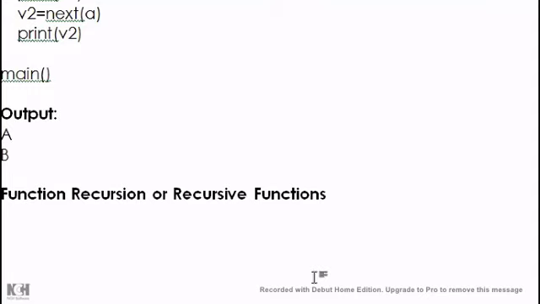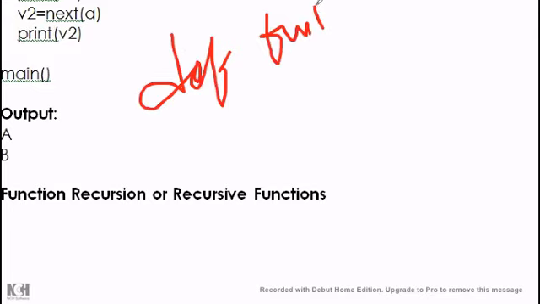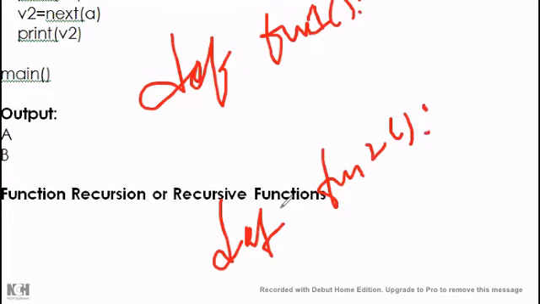Generally, one function is called by another function. For example, there is a function 1 and another function called function 2. How many functions are there here? Two functions. Assume that function 2 calls function 1. This is not recursion. Who calls function 1?